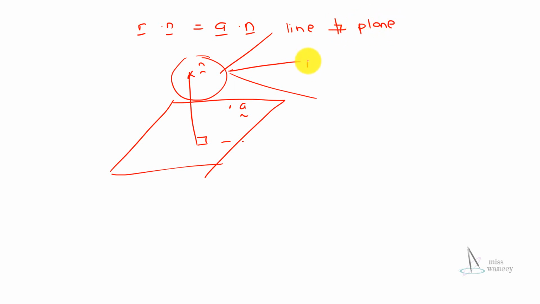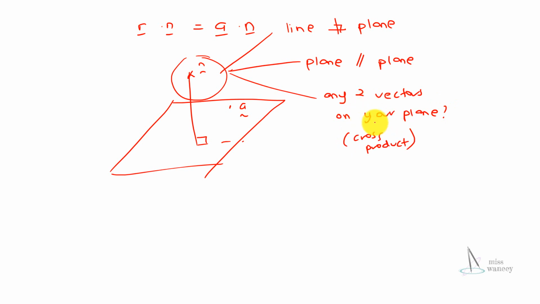Or can you find any plane that is parallel to your plane? Or can you find any two vectors on your plane? If you can find any two vectors on your plane, then you can do the cross product in order to obtain your normal vectors. So see you in the next part.